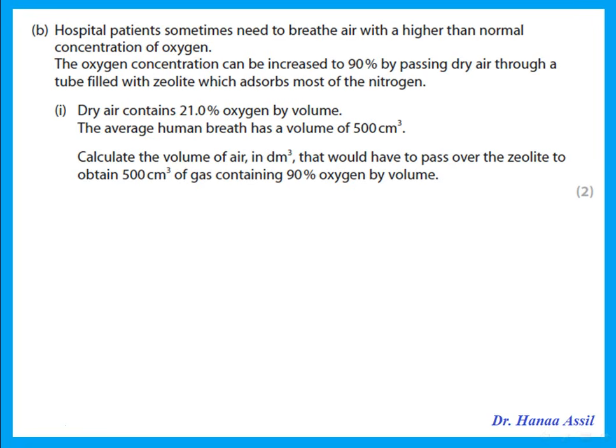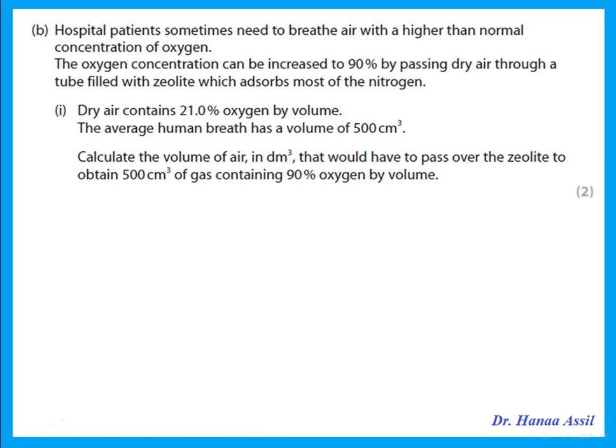Hospital patients sometimes need to breathe air with a higher than normal concentration of oxygen. The oxygen concentration can be increased to 90% by passing dry air through a tube filled with zeolite, which absorbs most of the nitrogen. Now, we know that dry air contains 21% oxygen by volume.